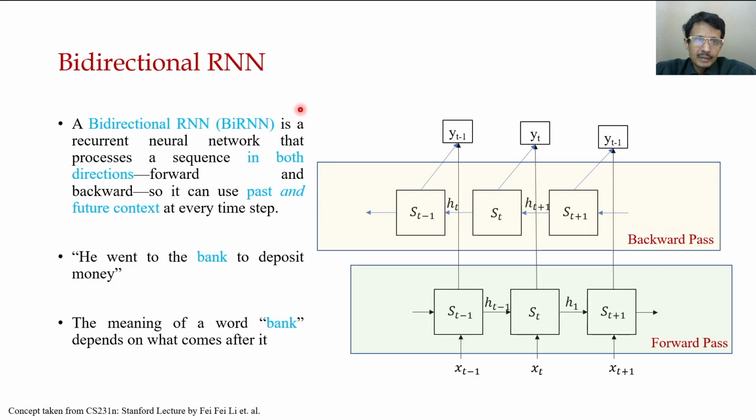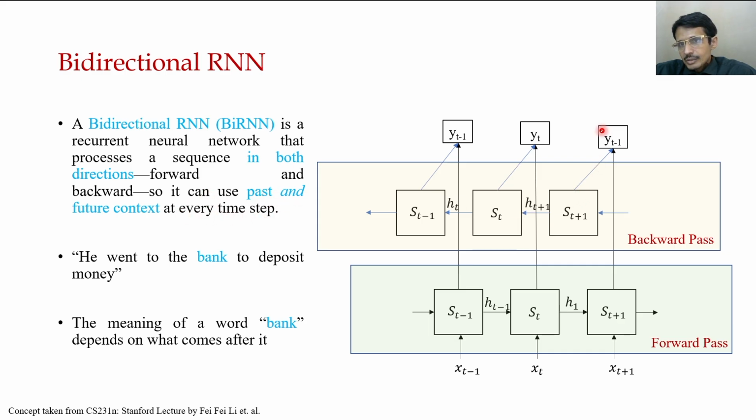Another important thing is called bidirectional RNN. In a bidirectional RNN, there is our forward direction, and similarly another level is put over it, called the backward direction. It is helpful because this recurrent neural network processes in both directions, forward and backward, so it can use the past and future context at every time step.